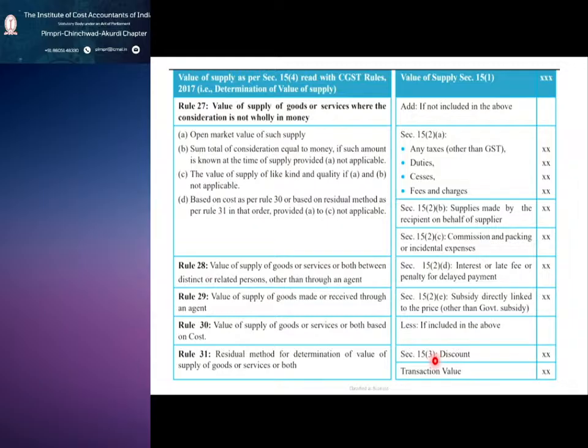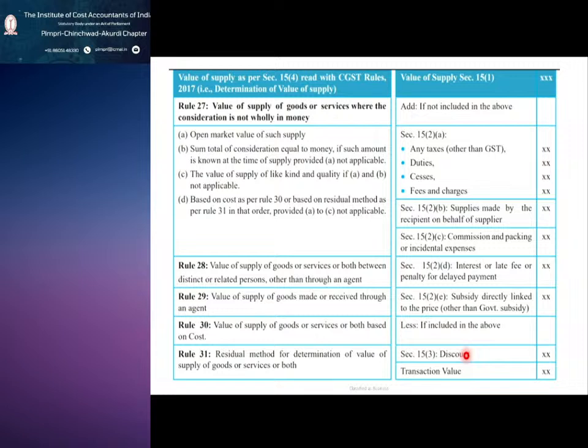So if we are giving any discount to our customers, that needs to be deducted from our gross value. So you will have the gross value, add these items which are not included, less the discount, and you will get the transaction value.